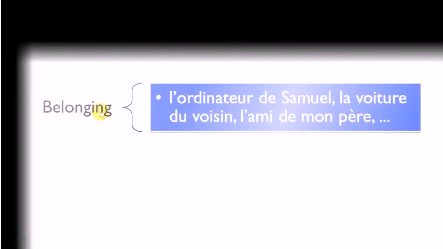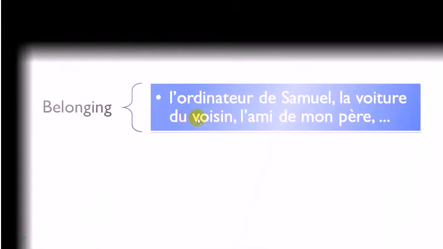Let's see now another possibility. When you want to introduce this belonging concept, then usually you should use this preposition de, like here, l'ordinateur de Samuel. With this structure, you want to say that l'ordinateur, the computer, belongs to Samuel. So it's quite simple because you just put the noun, and after that you put this de and the name of the person. It could also be like here, la voiture du voisin, the car of the neighbor.